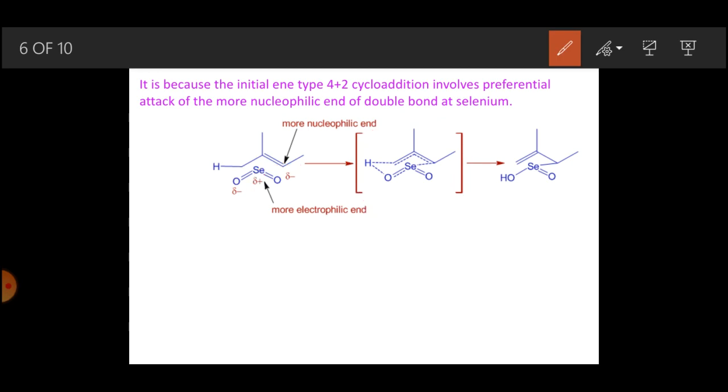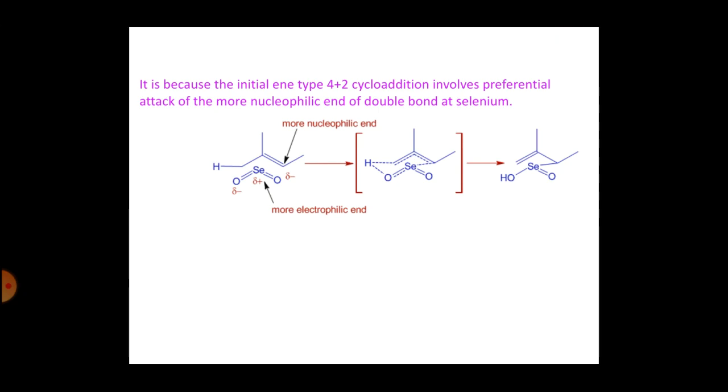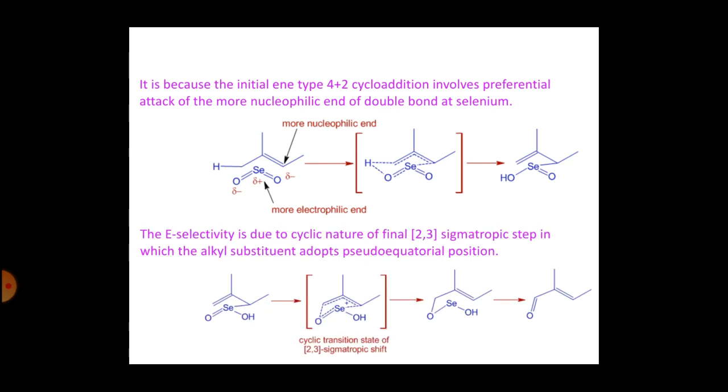Now come to the second aspect, that is the stereoselectivity, the trans or E-selectivity. It can be easily understood by looking at the cyclic transition state that forms during the 2,3 sigmatropic rearrangement.